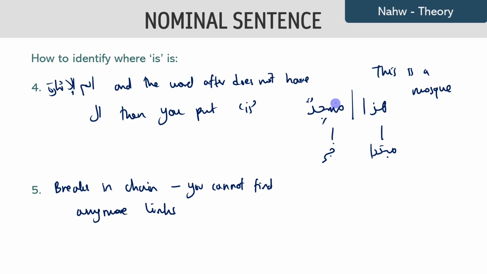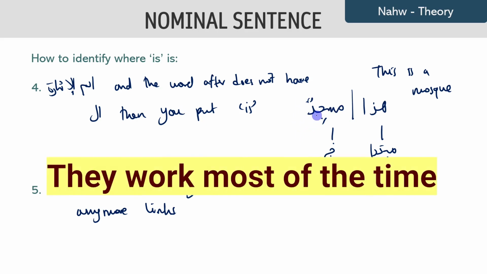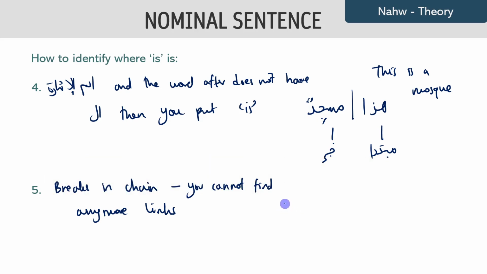And if you can't find the "is" because it's not any of the four that we have discussed, and these four are not foolproof either, you have to look for breaks in the chain where there are no more links that you can do. When we do tarkeeb, we branch things together, we link things together, but as soon as the links end and you can't join any more things together, that's where you put your "is". And after you put that break, everything else is going to be the khabar.